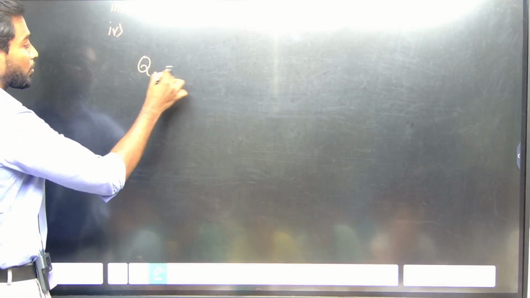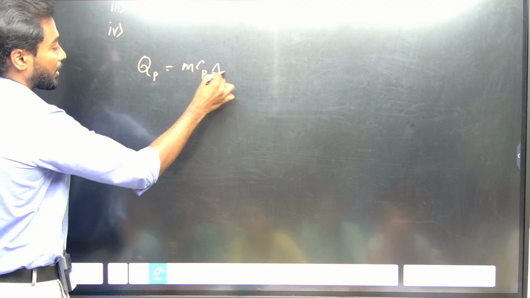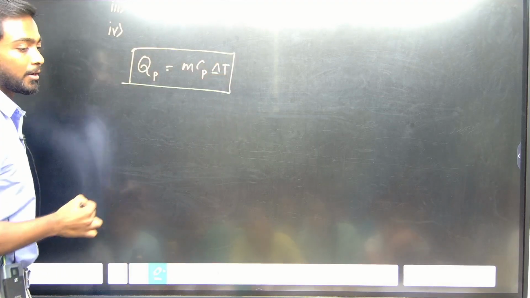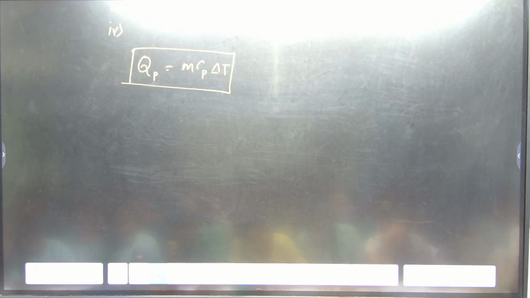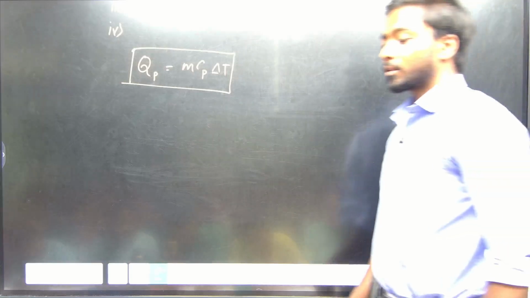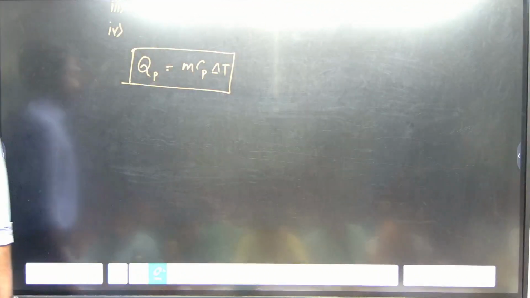Topic is isobaric process. Pressure will be constant. For the heat, the formula will be QP equal to m Cp delta T. Here work done will be 0 or not 0 if pressure is constant?